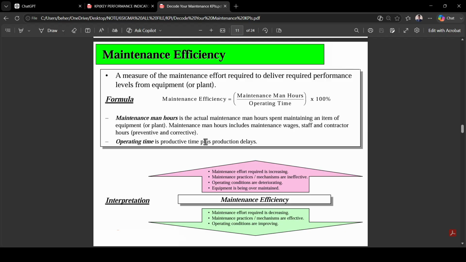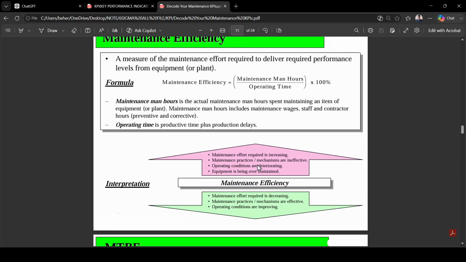Maintenance man hours are the actual maintenance man hours spent maintaining an item of equipment or plant, including maintenance wages, staff or contractor hours, preventive and corrective. Operating time is the productive time plus production delay.